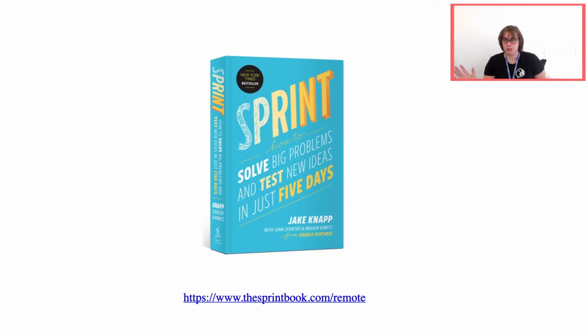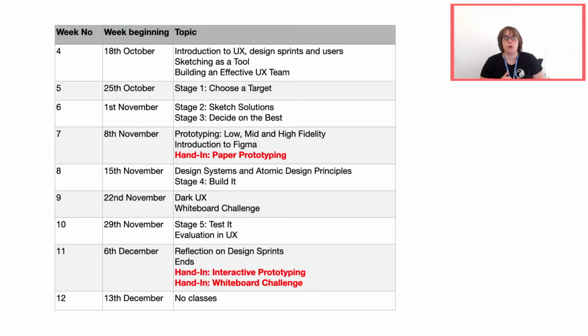We will spread it out across the duration of the semester that we're studying, and we will dive into each of those 5 days and supplement that with some theory to give you more detail into why those things work. So we'll start off in week 4 and we'll run until week 11. Week 12, there are no classes because that's potentially, if other classes have exams, I've left that free so that you've got some revision time for that.